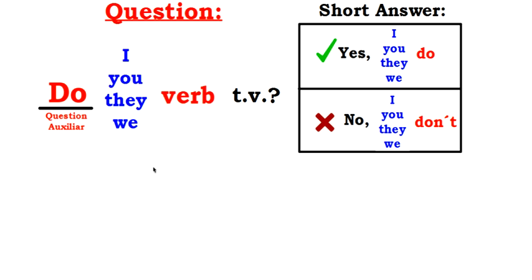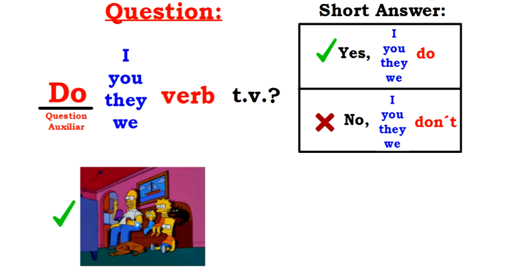So let's practice. For example, the question is do they watch TV? Again, the auxiliary do, because my subject is they. Do they? And then the verb watch.